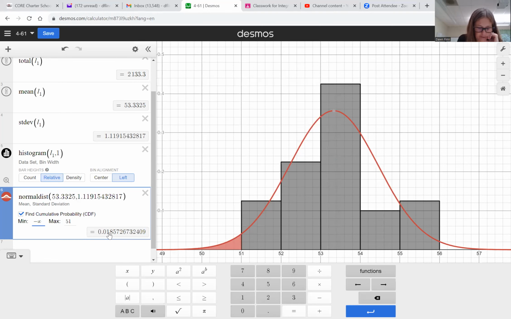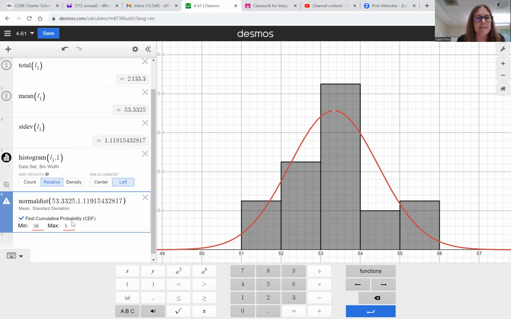So that's letter E. Letter F says, how many racers would you expect to have a hat size of at least 56? So that would be a minimum of 56. I would think not so many of them because 56 is pretty big. I have to write infinity. So I'm seeing that if I move it 2 places to the right, it's less than 1%.